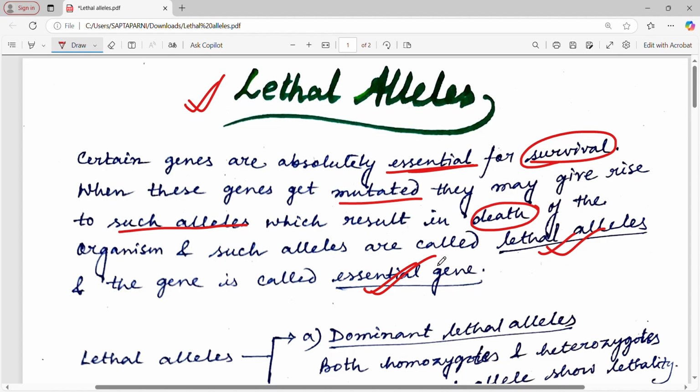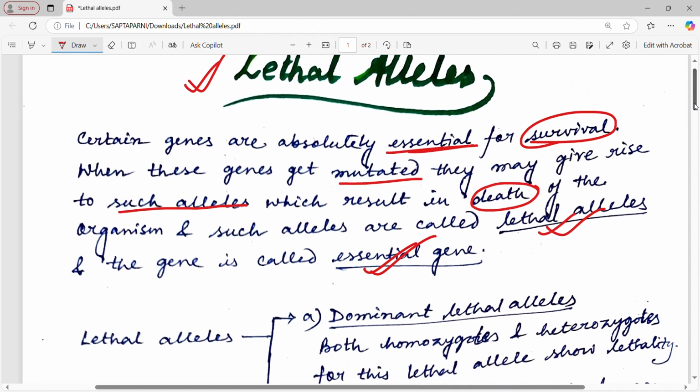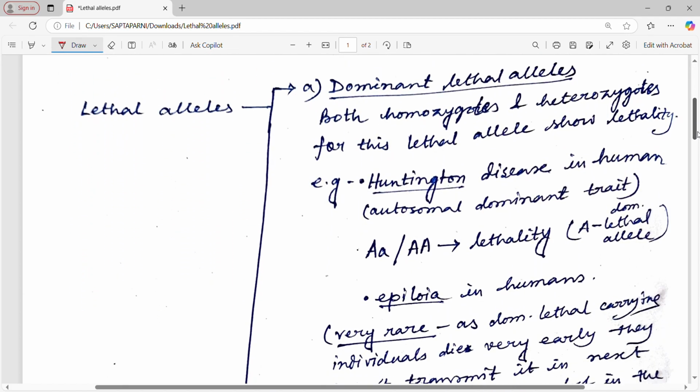Now let's understand the different types of lethal alleles. Lethal alleles can be of two types: one is dominant lethal allele and another is recessive lethal allele. From the name it is evident that dominant lethal alleles are dominant in nature.